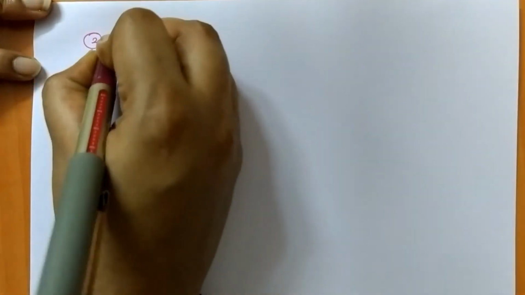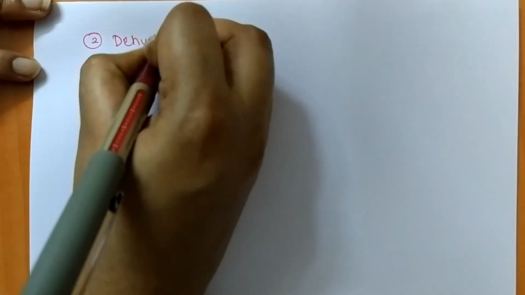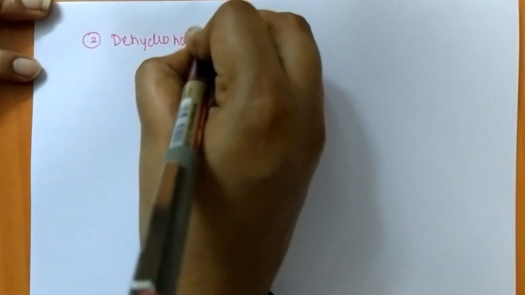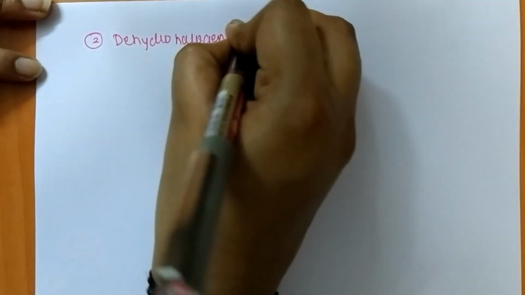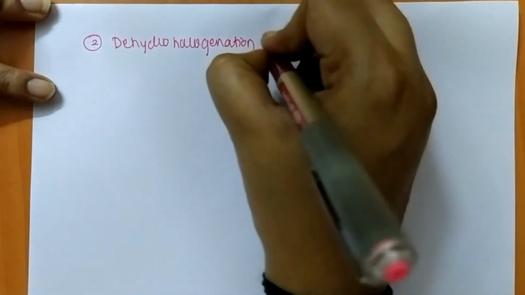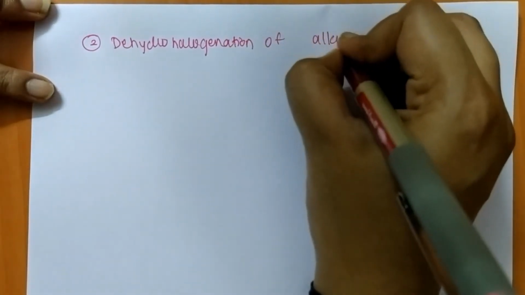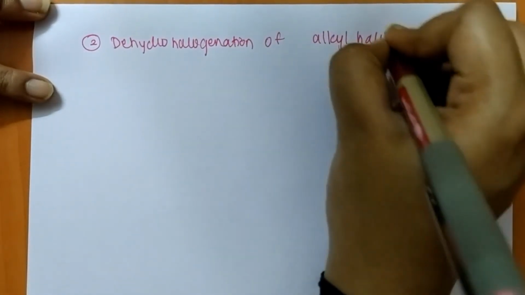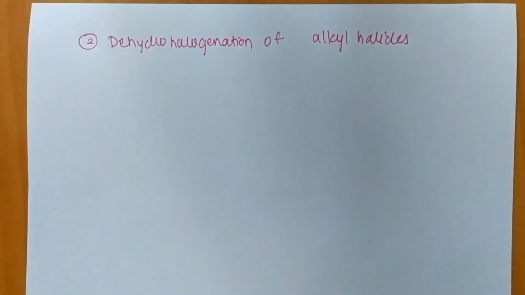Now our next method is the dehydrohalogenation of alkyl halides. Now here the reagent which is used is an alkali.